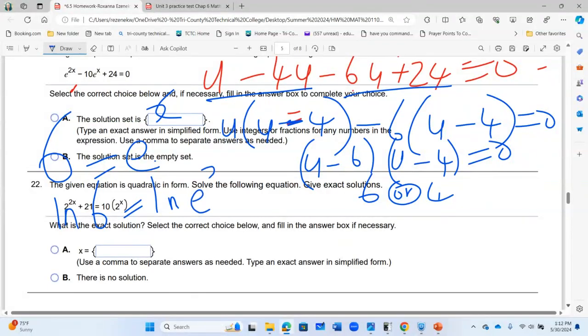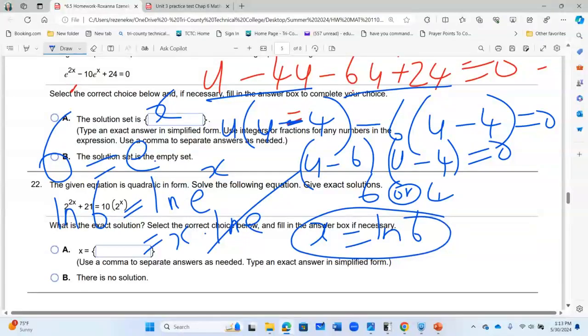Natural log of e to the power x. Remember that the laws of logarithms say the exponent becomes the coefficient. Natural log of e will go away because natural log of e is 1. And therefore, your answer is x equal to natural log of 6. You can leave your answer as natural log of 6. You don't have to simplify that anymore.